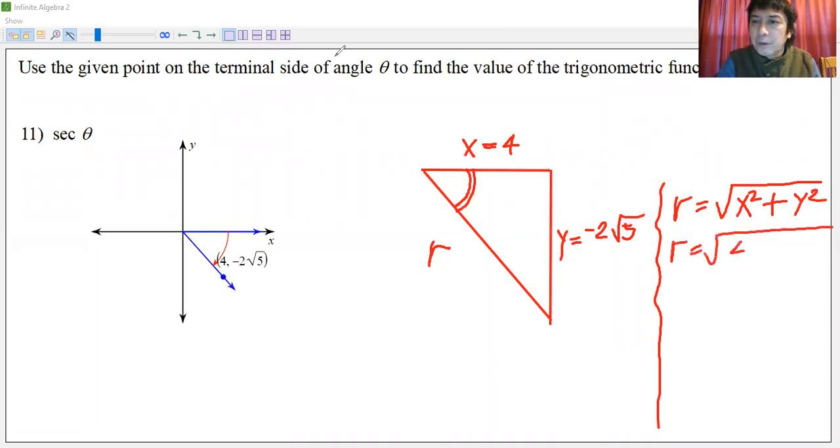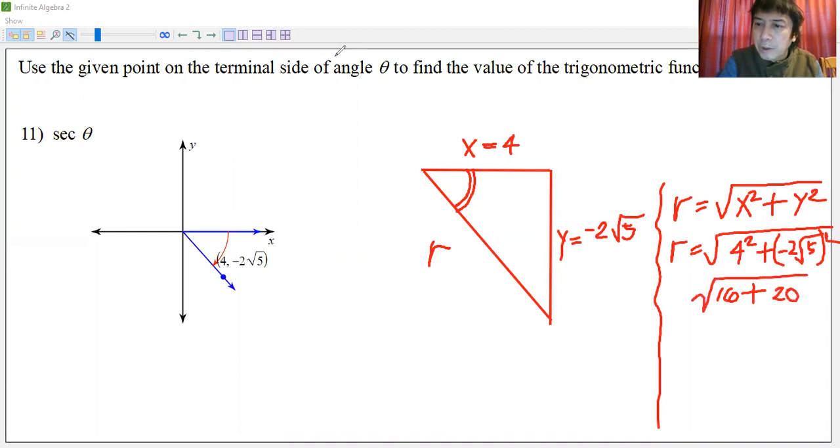X is 4, so this will be 4 squared. Our y is negative 2 square root of 5, and we will square it. And so we have 16 plus the 2 will become 4, and the square root of 5 when squared is just 5. So 4 times 5, that becomes 20.